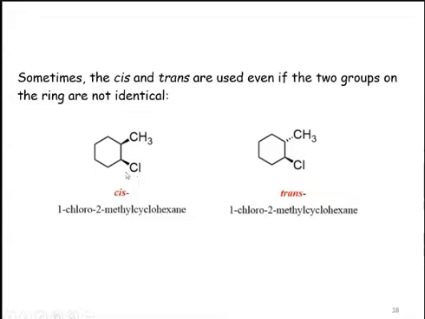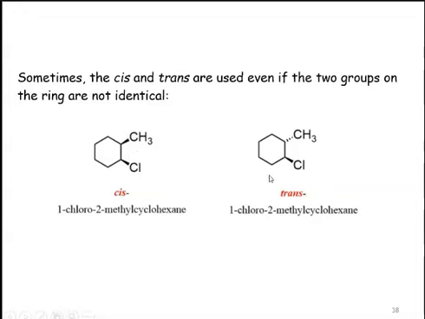Here we can see one chlorine atom attached to one carbon, whereas to the second carbon a methyl group is attached. Here, both attachments lie towards the observer. Here we can observe the solid bond.